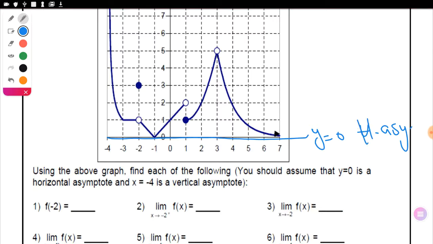x equal -4 is what? A vertical asymptote. What does it mean for a horizontal asymptote?